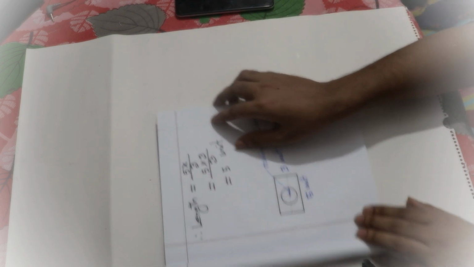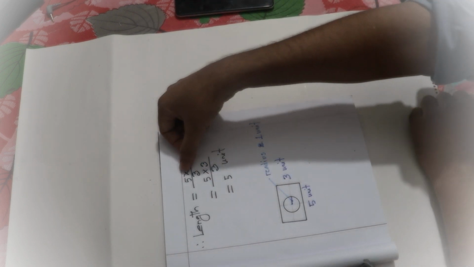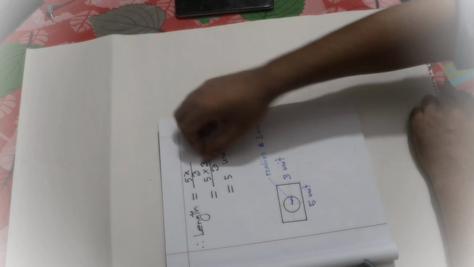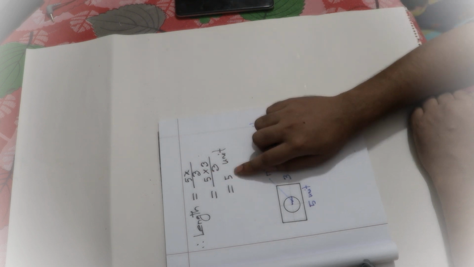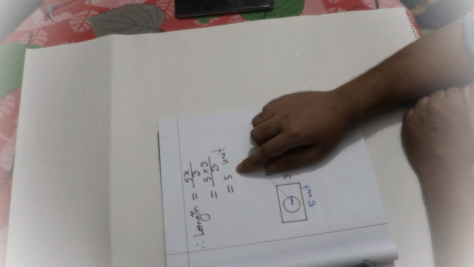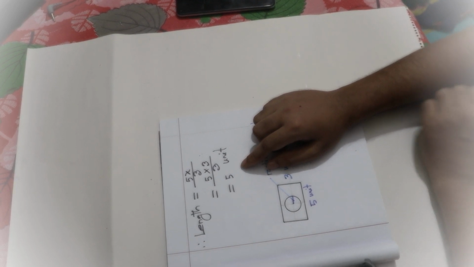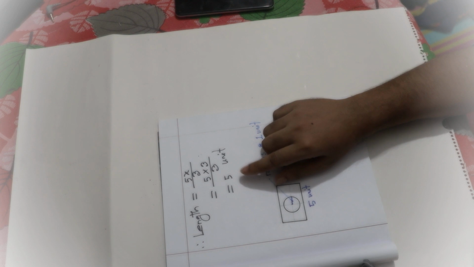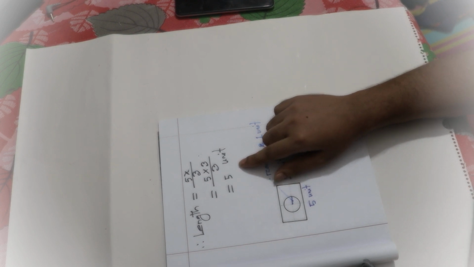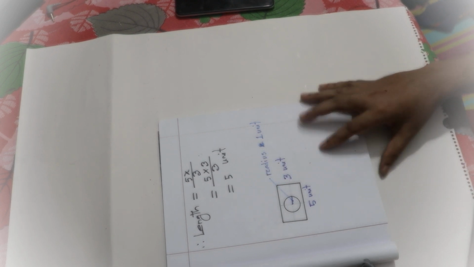So the length will be, replace the value of x by 3, and length is 5. So in question number 7, the national flag has length 5 units, breadth 3 units.